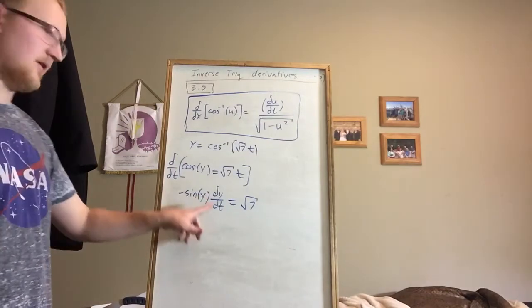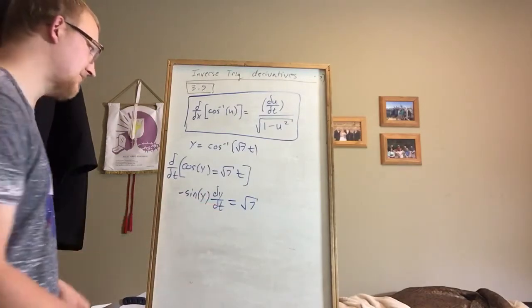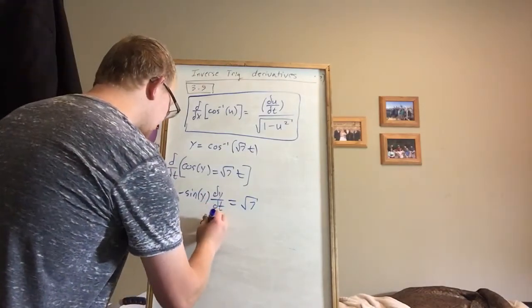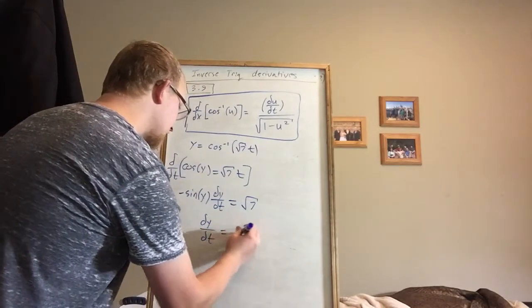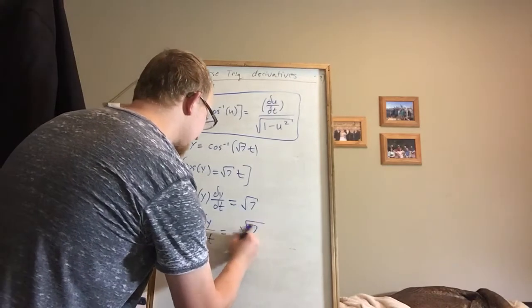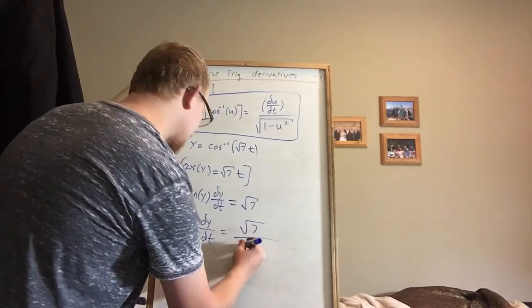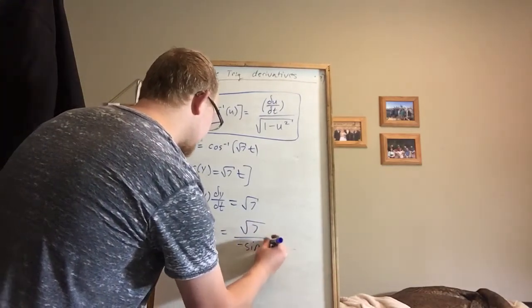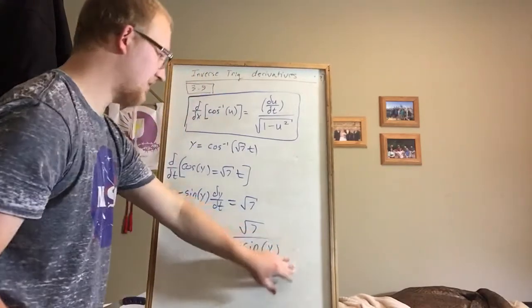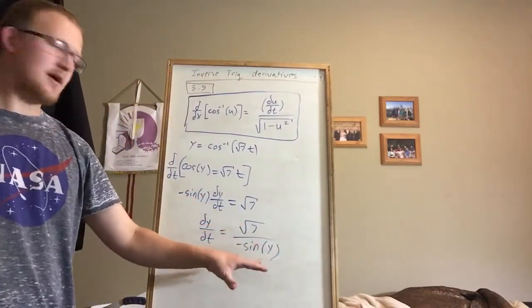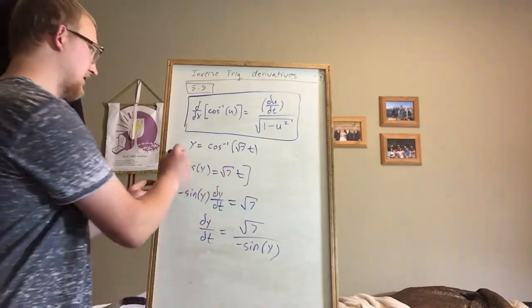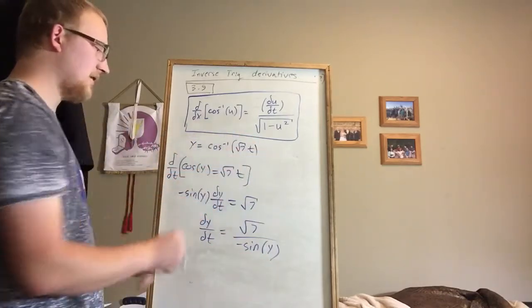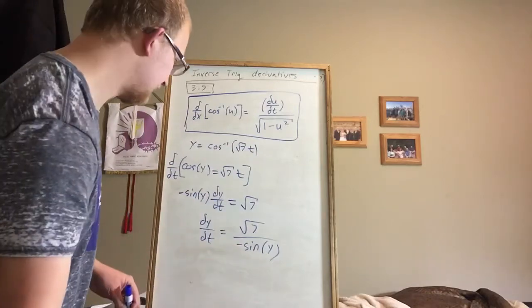Now we're going to go ahead and get our dy/dt all by itself. We'll do that by dividing over negative sine of y. So this equals root 7 over negative sine of y. You may be thinking, well, we don't have this in terms of just t. And you're right, but we can go back to our y up here and plug it in down here.